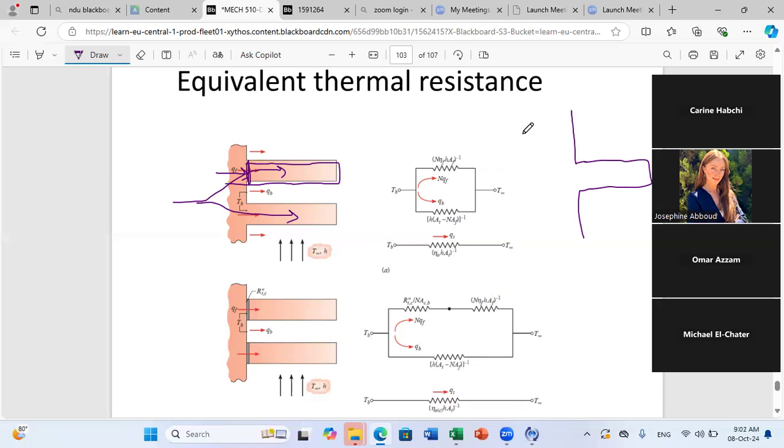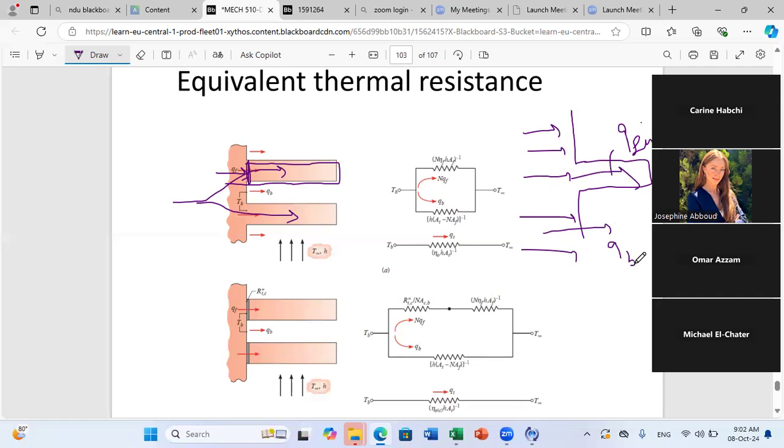So you have here Q total, and Q total will be divided into two parts. One part will be evacuated through the fin, which you call, let's say, Q fin. And another part will be convected through the base, meaning Q base.